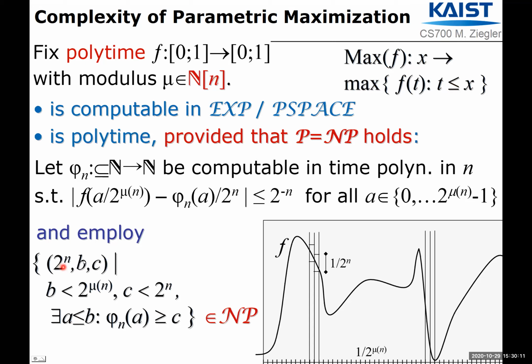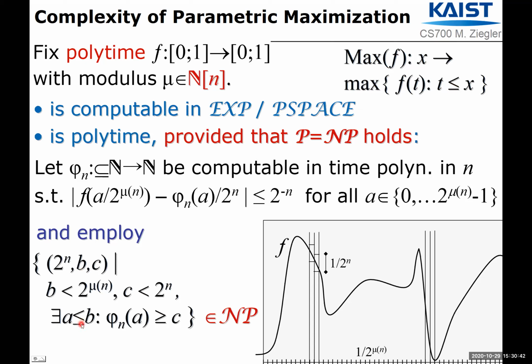And such a triple with this input length, so the input length is basically polynomial in n, because we know mu is polynomial in n. So n plus mu of n plus n is basically polynomial in n. And the second condition is a polynomial time decidable verifier condition, right? So this is the witness condition, whether there exists a witness of value at most the value of one of the arguments.